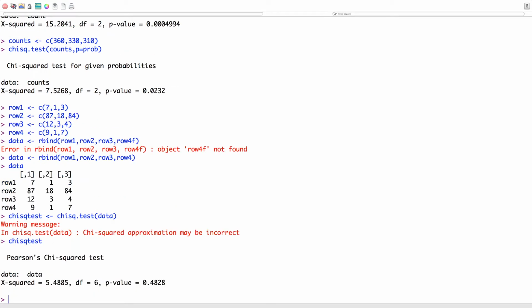So if we type chi-square test, we get the results of our analysis. First of all, we can look at the chi-square test statistic, and just as we expected, we have 6 degrees of freedom, and the p-value is 0.4828.